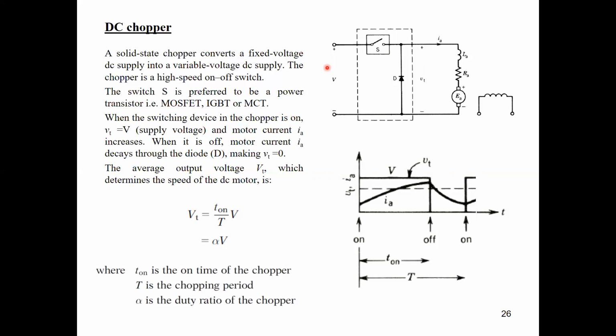Because thyristors can work only at low frequency, as we described. It's working here at 50 or 60 hertz. However, for switched power electronic converters or power electronic switches, like MOSFETs, IGBTs, MCTs, any kind of transistors, the switching frequency of the switch itself can be high enough to make the output voltage very smooth.